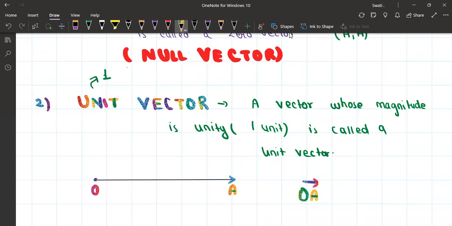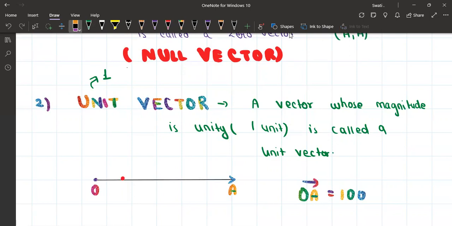Imagine the length of this is maybe 100 units, or whatever it is. So what is the unit vector here? I'm marking an arrow here, from here to here.